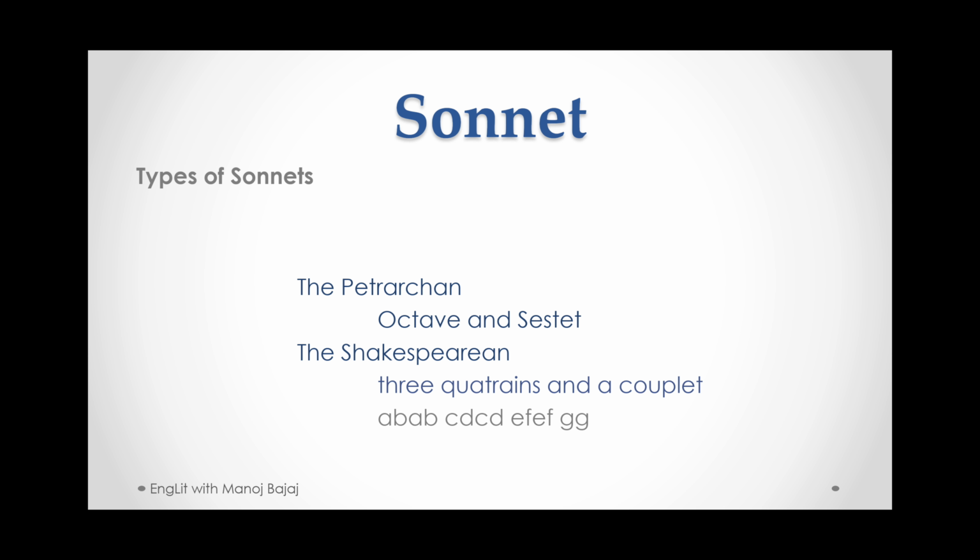And this sestet also acts in some poems as a kind of clarification or whatever answer the octave demands. Another form of the sonnet is known as the Shakespearean sonnet.